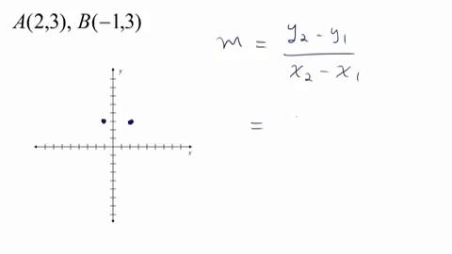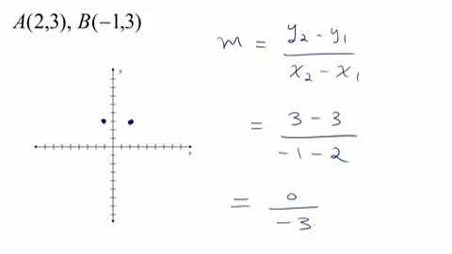Here we'll have 3 minus 3 over negative 1 minus 2, which gives us 0 over negative 3, which is 0. So the slope of the line through these 2 points is 0, and as you'll see, this line will be a horizontal line.